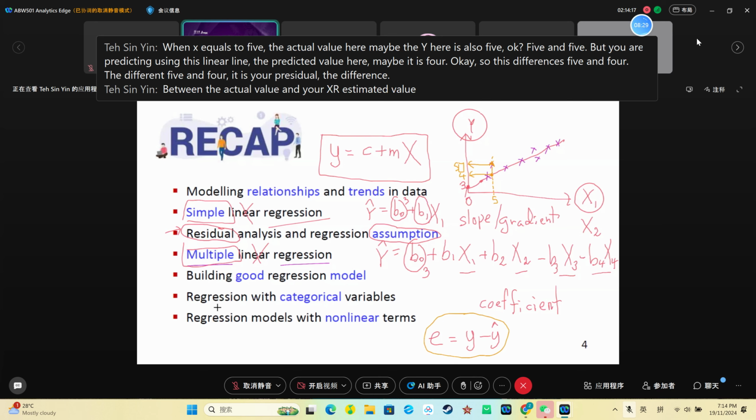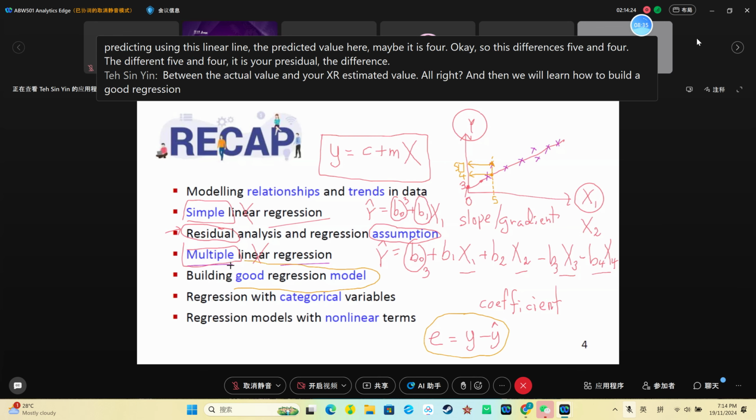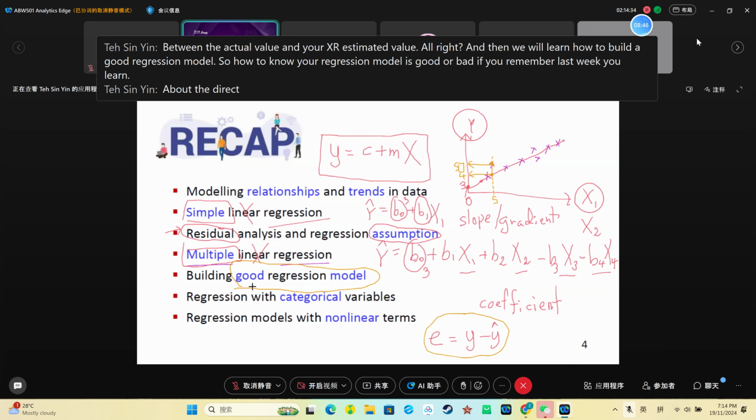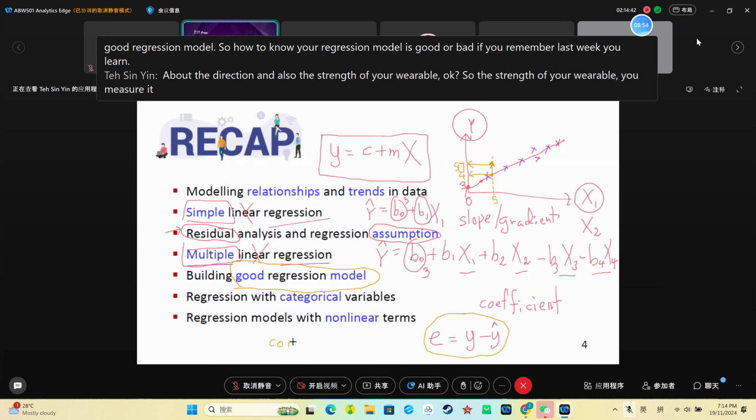All right. And then we will learn how to build a good regression model. So how to know your regression model is good or bad? If you remember, last week you learned about the direction and also the strength of your variable. The strength of your variable, you measure it using correlation.